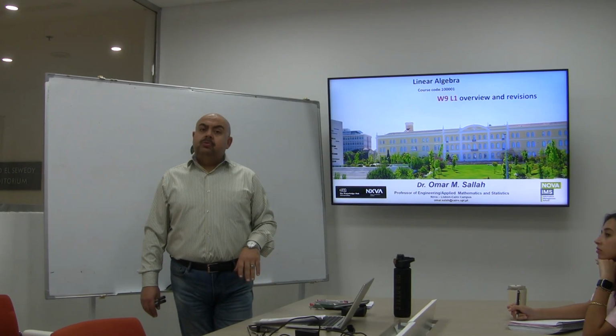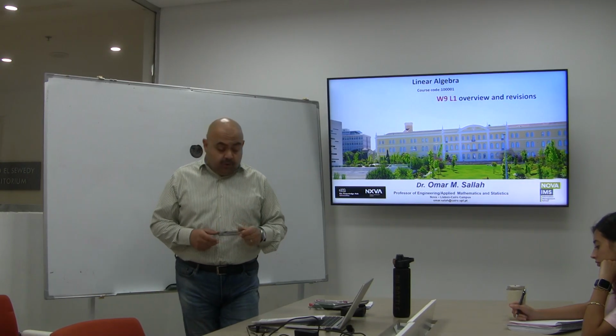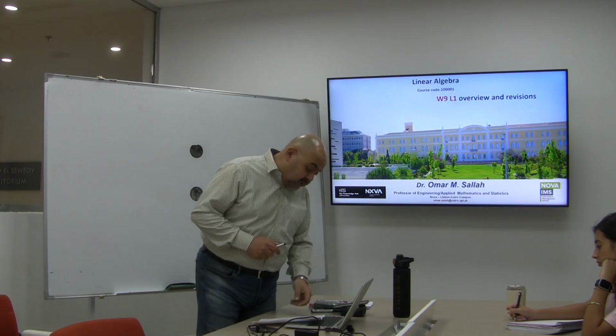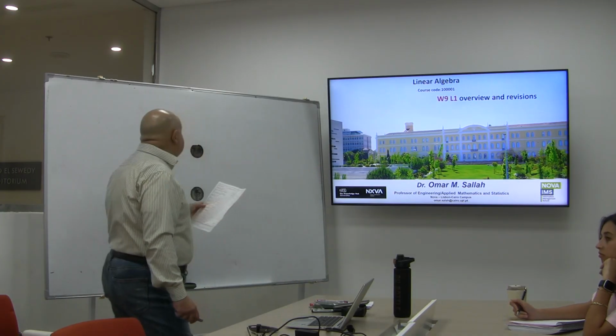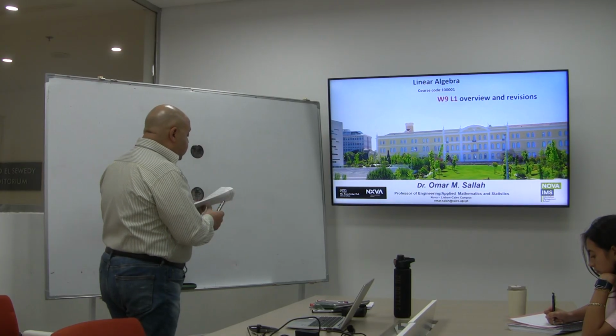I will try to give you some examples just to refresh your mind. Let's see this problem. This is one of the very nice problems that's mainly about the propositions.